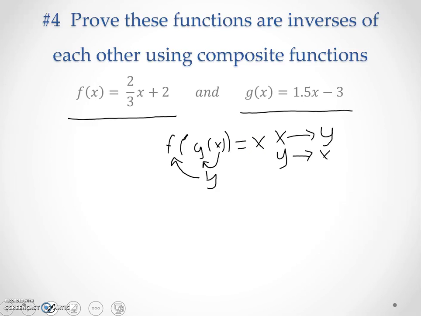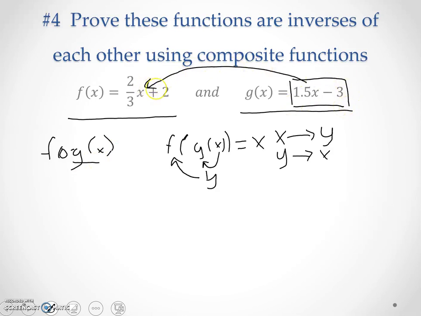If I'm going to write an equation for f of g of x. So I'm going to go ahead and write it like this time. f of g of x. So I'm going to take the g of x function, the entire function, and plug it into the x in the f of x function. So it's going to look something like this. Because of the lack of room, I'm going to move down here.